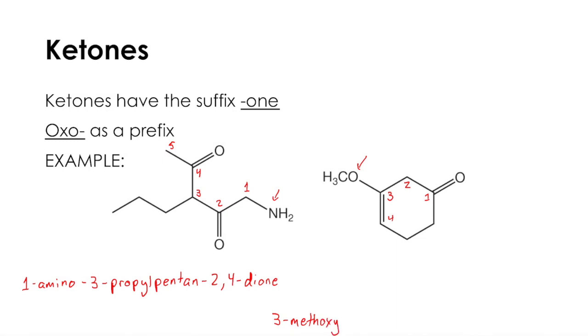And next we call it cyclohexene because it's got a double bond on carbon 3. And then finally it is an -one, but because it's on carbon 1, I don't have to put that, so it's just -one. Like that.